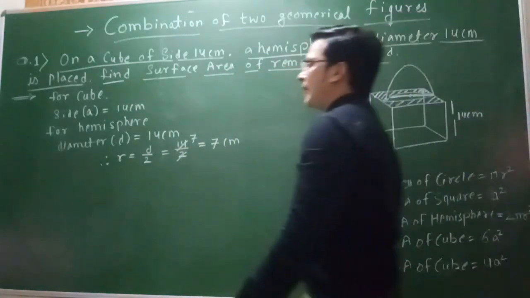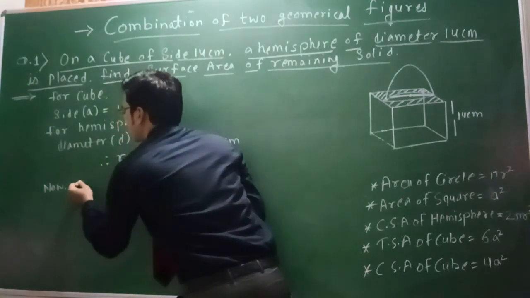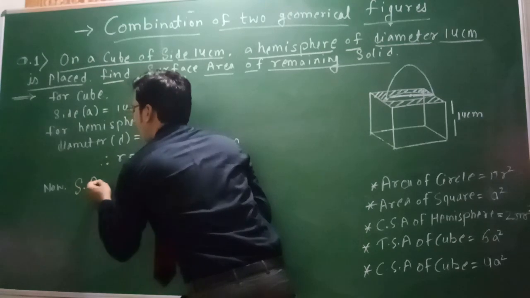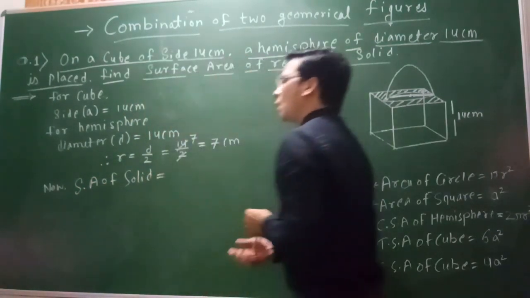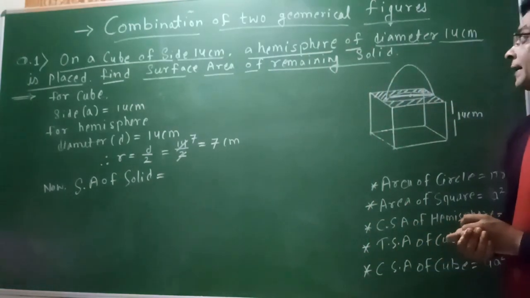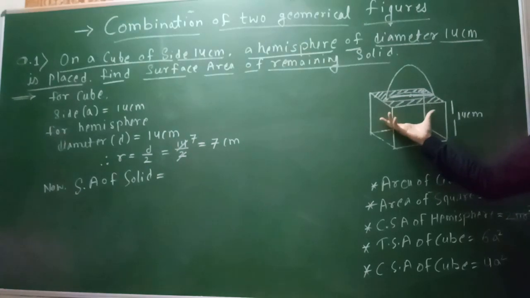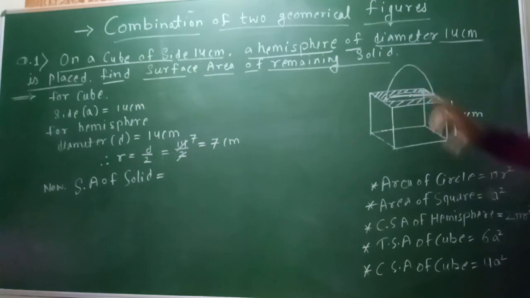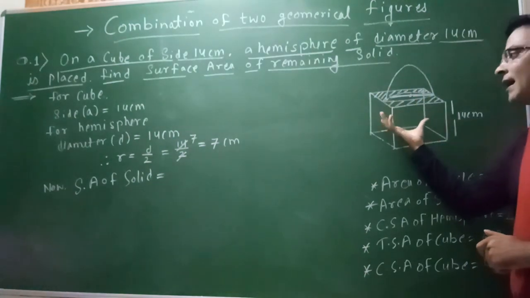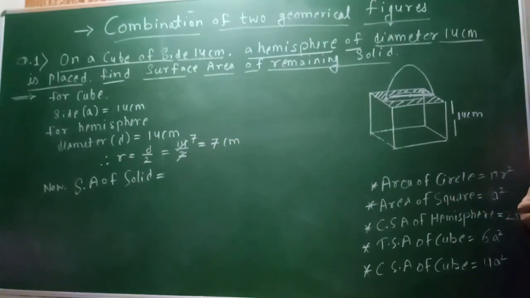So here we will now write surface area of solid is equal to, what will be the surface area of the solid? Whatever area is visible, we call that the surface area of this solid. There are two geometrical figures. First of all, we will understand which areas are visible in the cube.